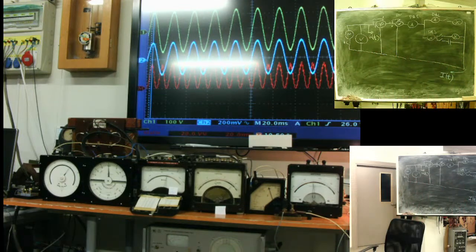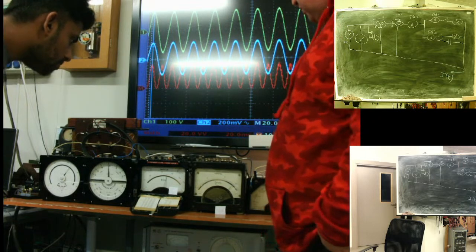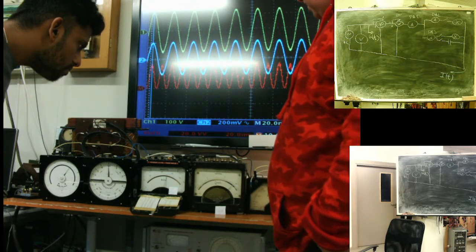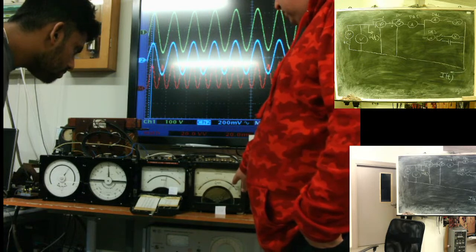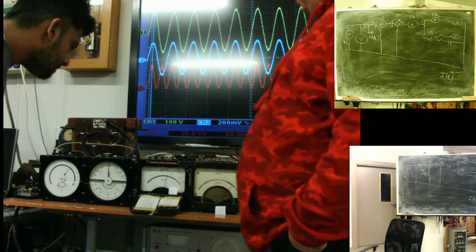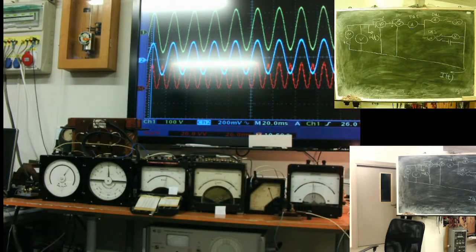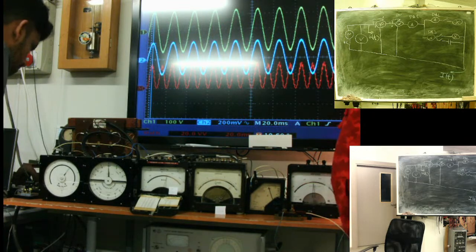What we see? 0.8 here, 78 here. Double current here is a sum. Double power here. Everything fine? Fine.